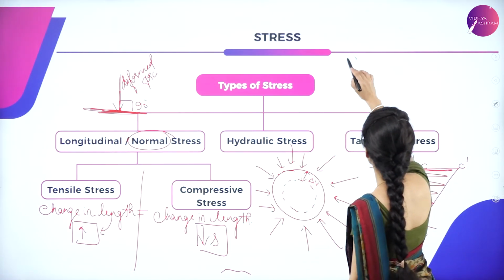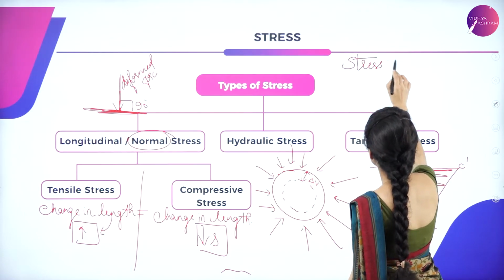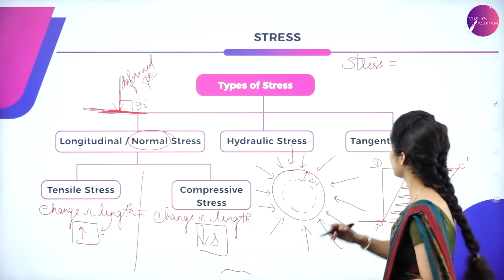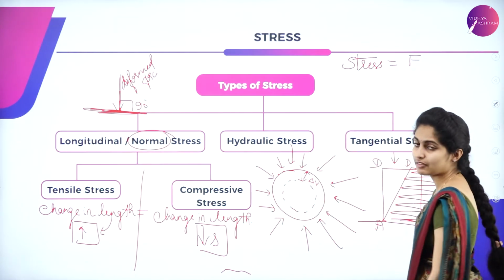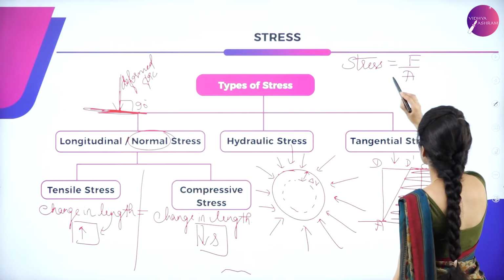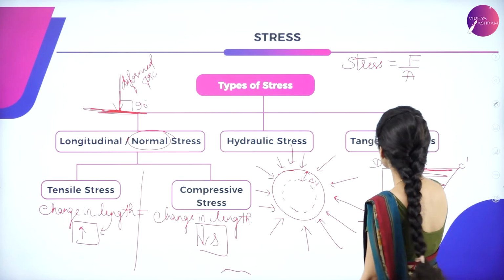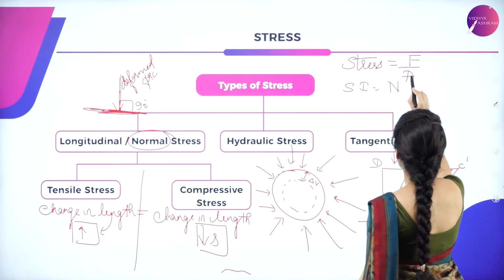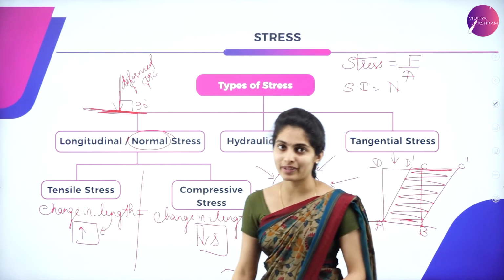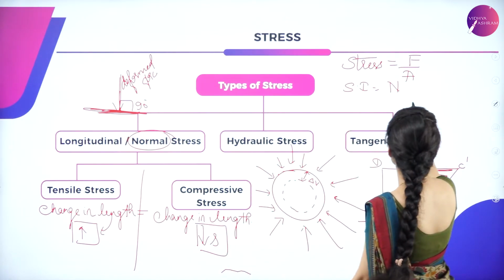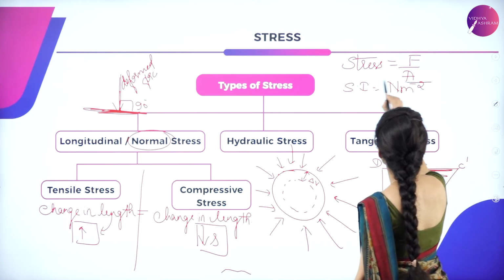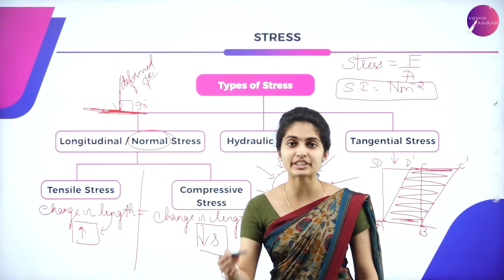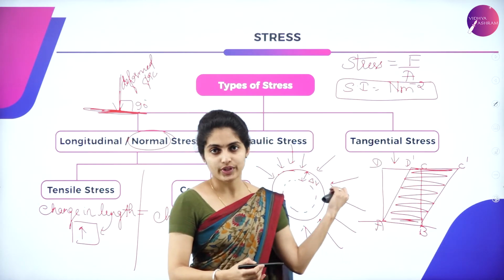So what is stress? Stress means restoring force per unit area. The restoring force is given by F per unit area. This is the formula for stress, and its SI unit: force is in Newton, and area is length into breadth, so it is meter squared. So the SI unit for stress is Newton per meter squared, Nm^-2.